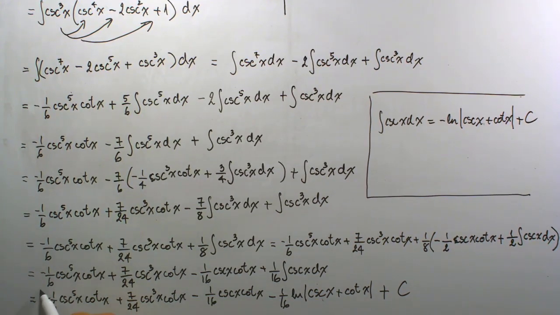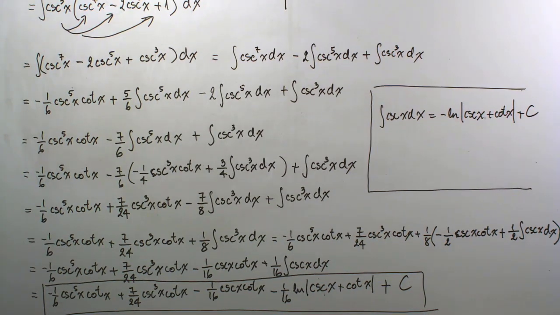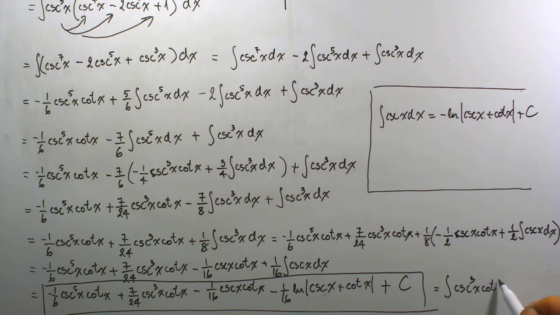And this is the answer to the integral of cosecant cube of x times cotangent to the fourth of x.